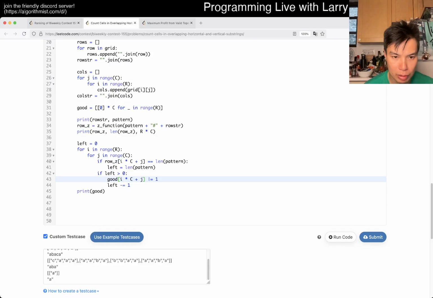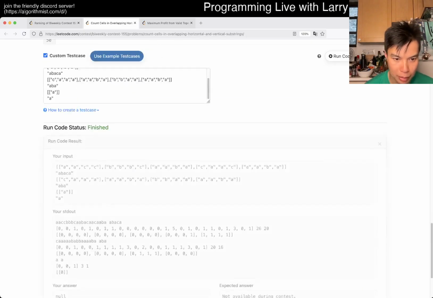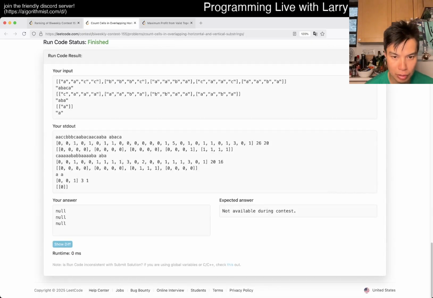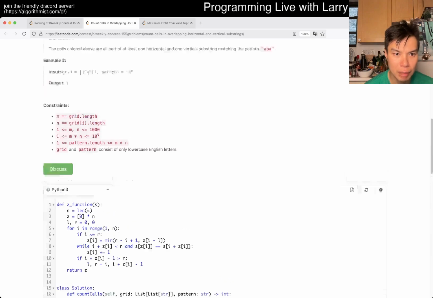Oh, it's this part. Because, no, but, oh. Because this is i j, whoops, I am dumb. Okay, I am dumb. Okay, so then now it should only have, is it on the bottom?